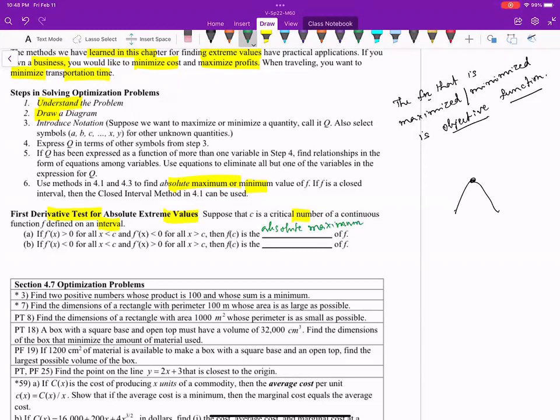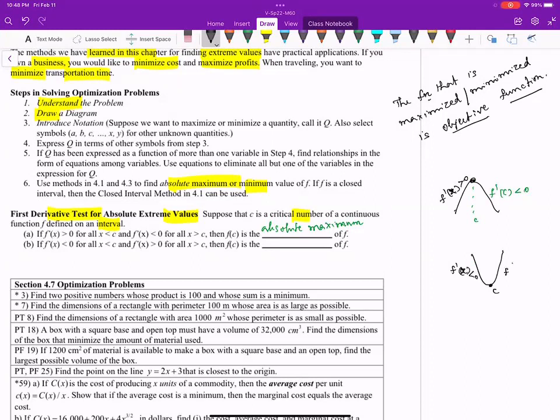If f prime x is more than 0 to the left of c, and f prime x is less than 0 to the right of c, that is a max. And if the graph was like this, then to the left of c, f prime x is less than 0, decreasing.